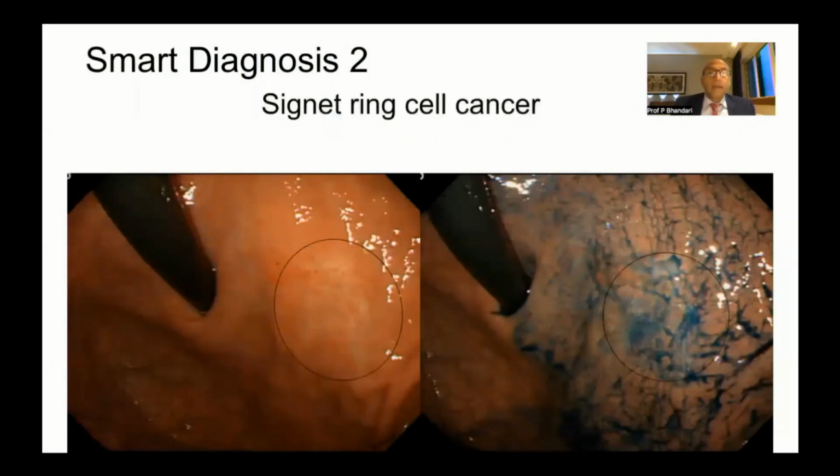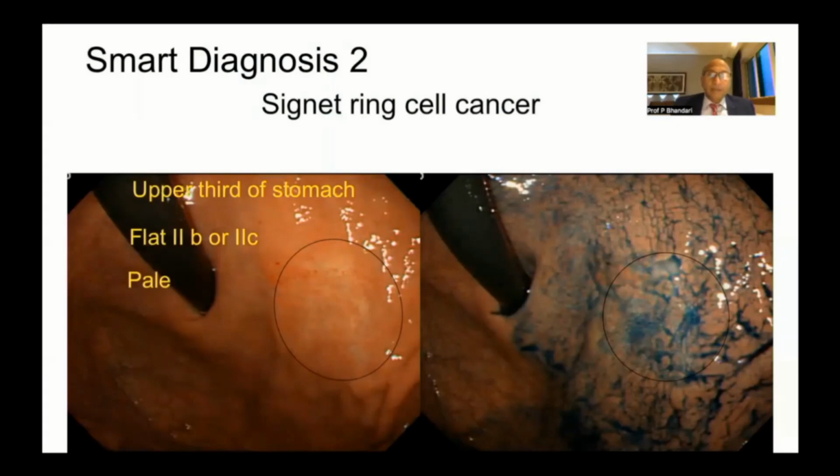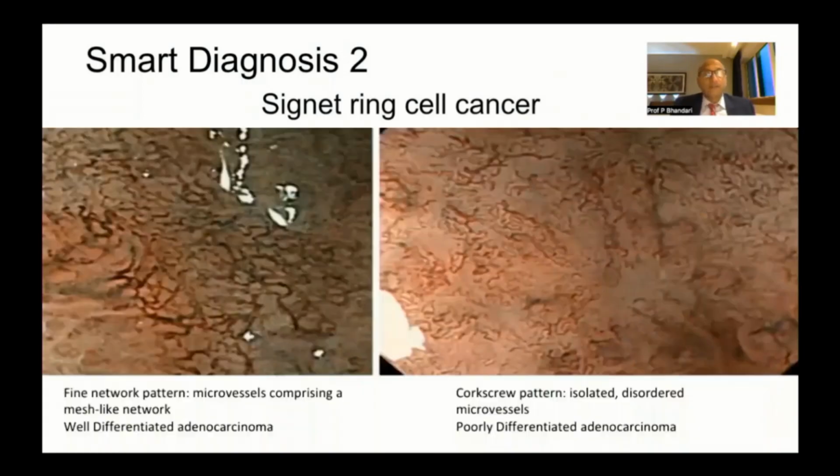The reason we say that is because it's in the upper third of the stomach. It's very flat or depressed, and it's very pale. And that's classical of signet ring cancers. Again, they don't have any atrophic gastritis around them. So that's why this is signet ring cell cancer.